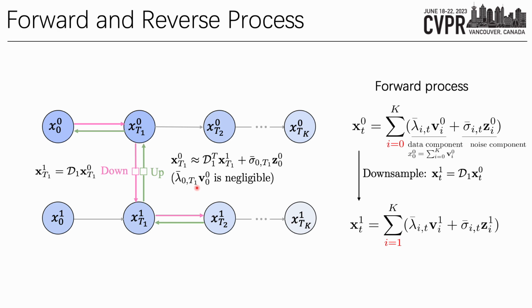To limit the information loss, we can design lambda bar so that it is small enough at T1. Thus, we can approximately recover x_{T1}^0 in the reverse process by first upsampling x_{T1}^1 and then adding a noise term.